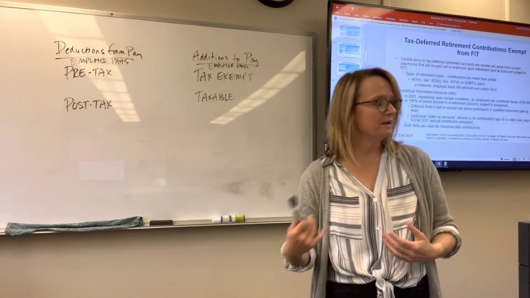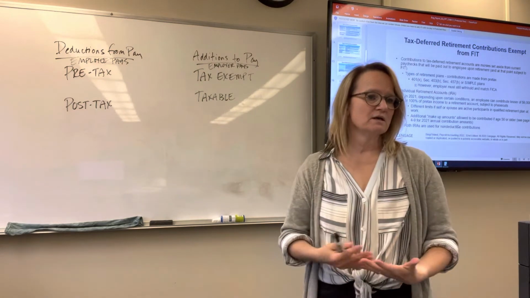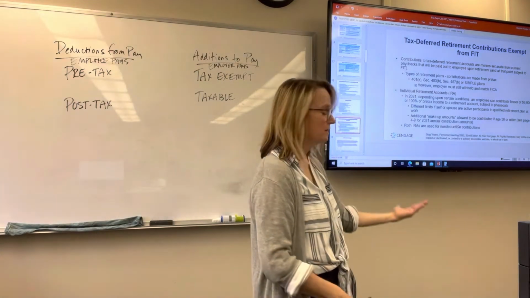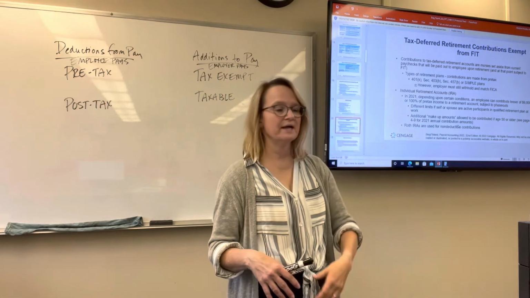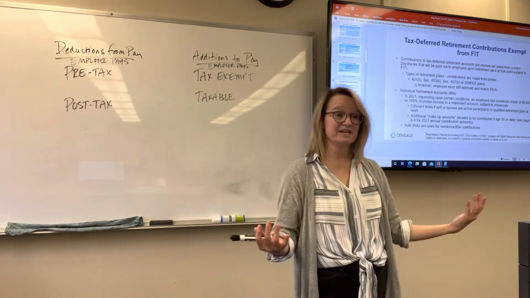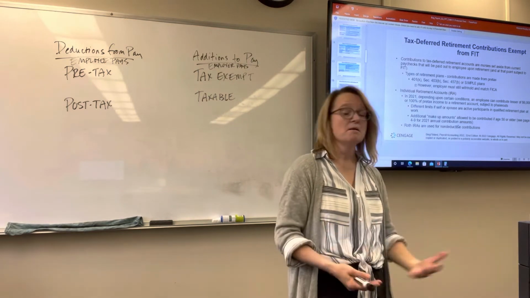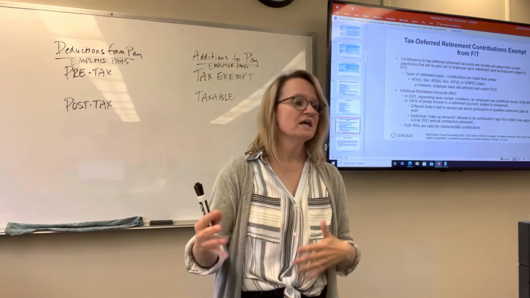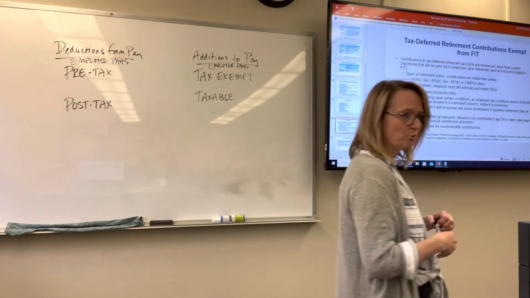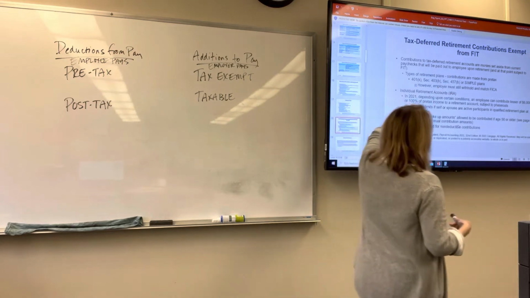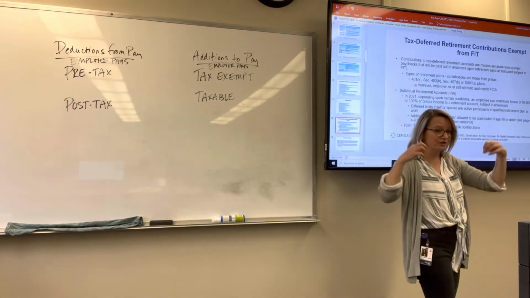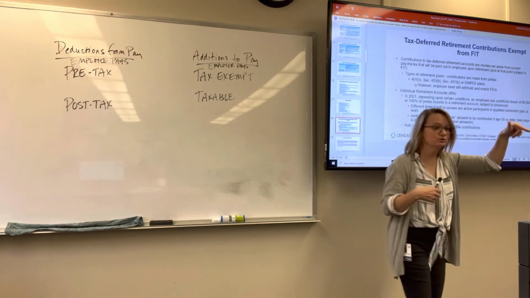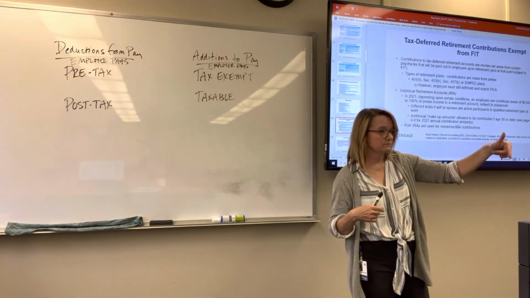So if the employee pays 5% of their pre-tax income into a 401k plan, the employer may match it 100%, so they'll also contribute 5%. Maybe they'll match it 50%, so they'll contribute 2.5%. It just has to do with what type of plan the employer wants to implement. But 401k is that type where there's a sharing of the contributions. Those are used by private employers.